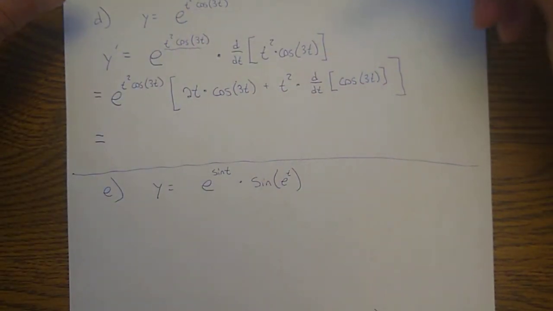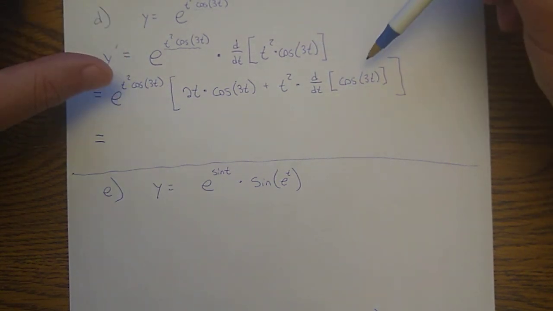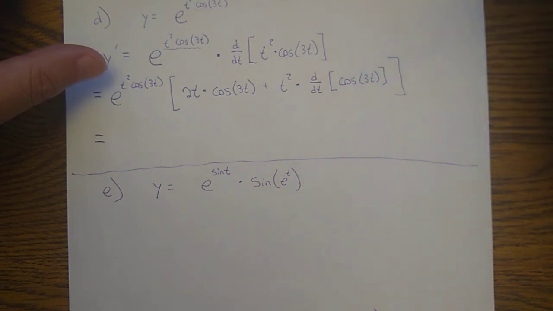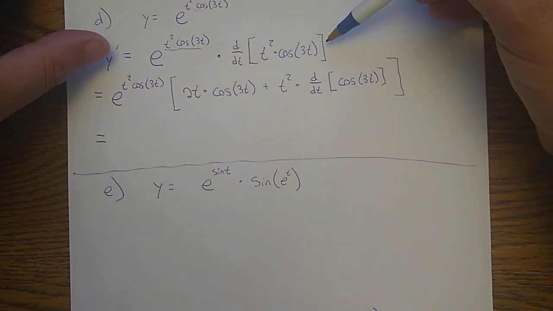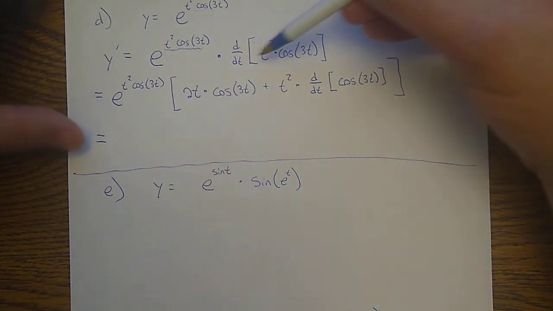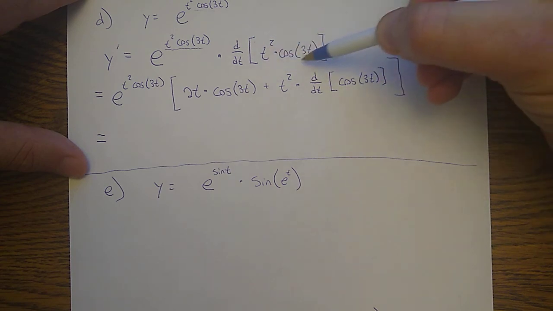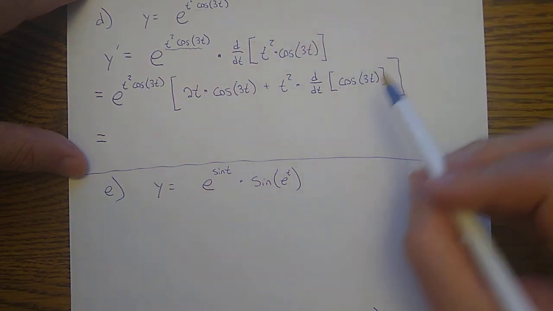But I encourage you, for these problems that take several steps, to do this type of thing. On the first step, I did the chain rule, and I didn't even worry about the derivative of this thing. And on the second step, I did the product rule just to start figuring out the derivative of this thing.